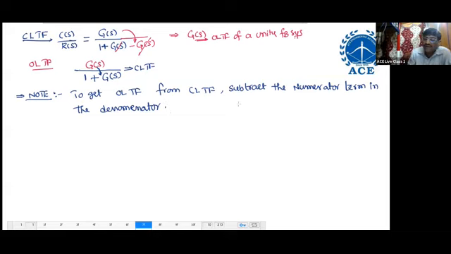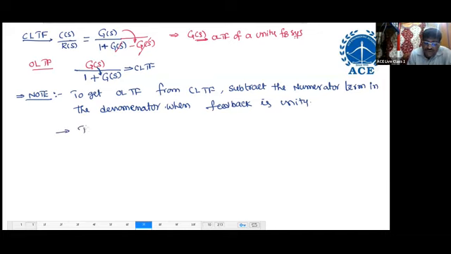So when feedback is unity, it is valid only for unity feedback. It is not valid for the non-unity feedback system.